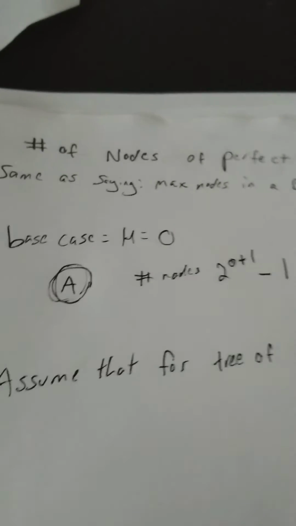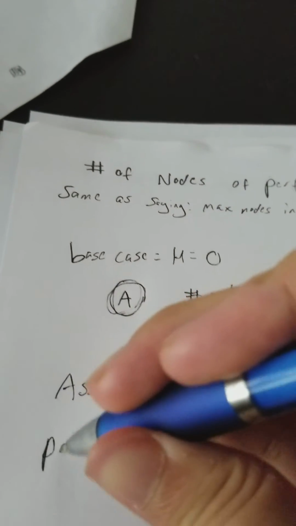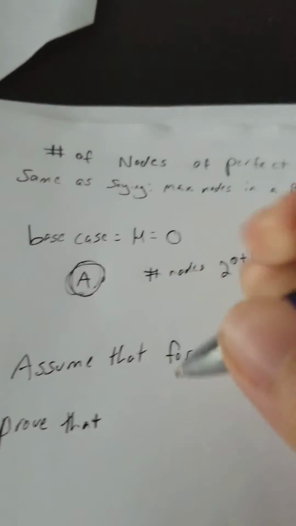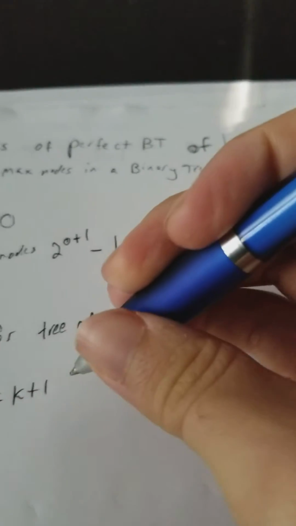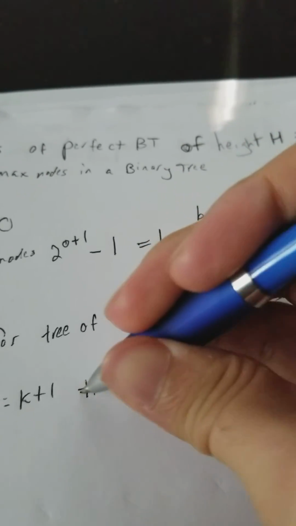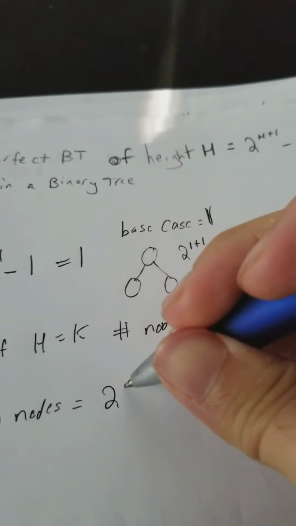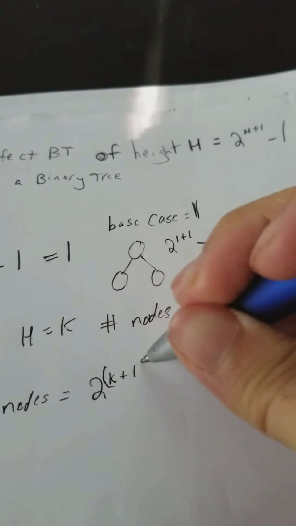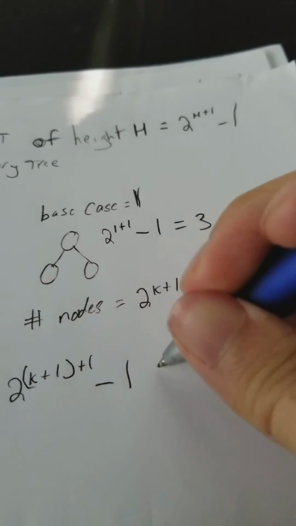So imagine now, what we want to do is prove it for the number that comes after k. So if for height k this is the formula, we now want to prove that for height equals k plus 1, the number of nodes equals 2 to the k plus 1 plus 1, all minus 1.